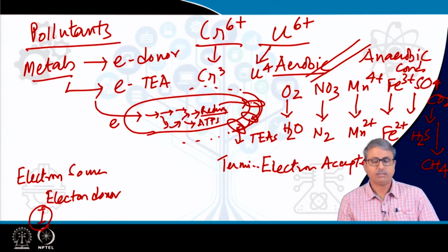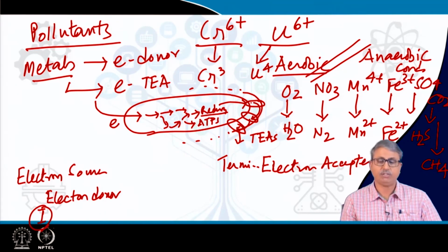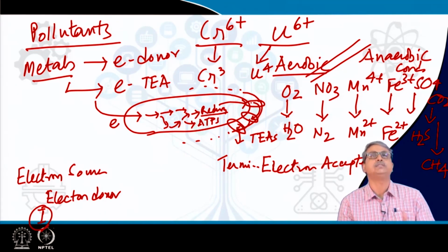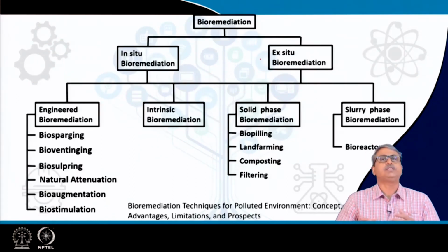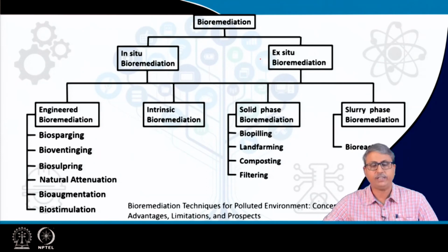So, under anaerobic condition especially, although some bacteria can do these reduction processes under aerobic condition also, because they have the enzymes which are capable of doing such functions. These processes are implemented during the bioremediation processes, which could be in situ or ex situ.